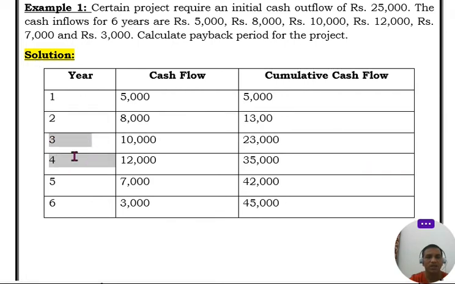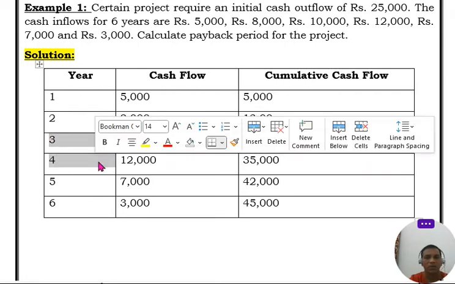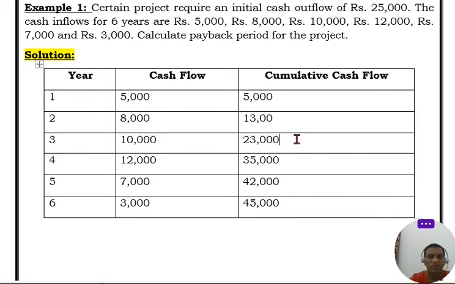Because 23,000 is covered only up to 3 years, but coming to the fourth year, it is more than that. So it is 3 full years and part of the fourth year. That's why it is between the 3 and 4.